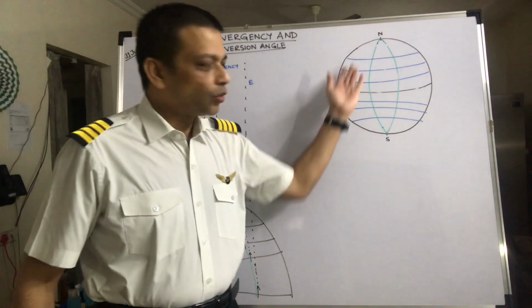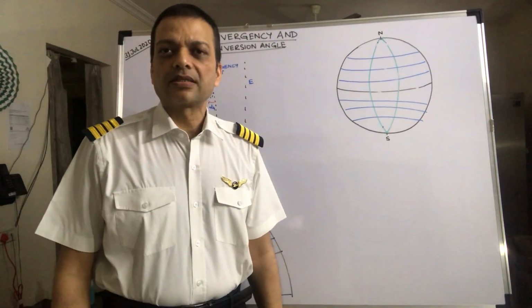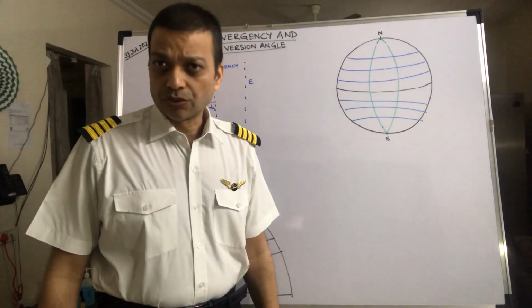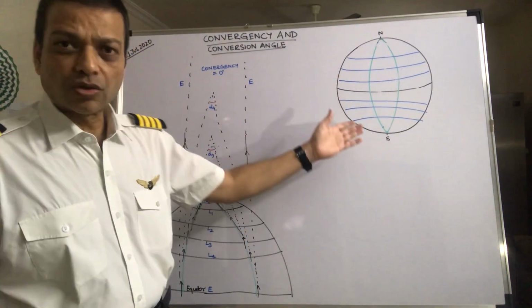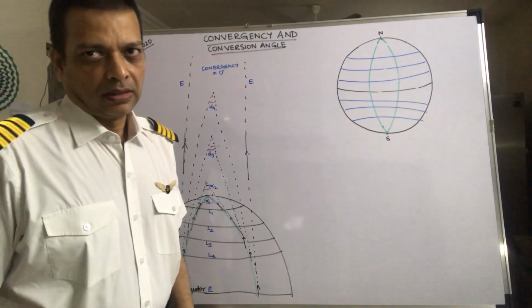Gentlemen, you already know about the earth, and in my previous class I have already told you regarding the latitudes as well as the longitudes. The longitudes are also called the meridians. Let us take two meridians here.